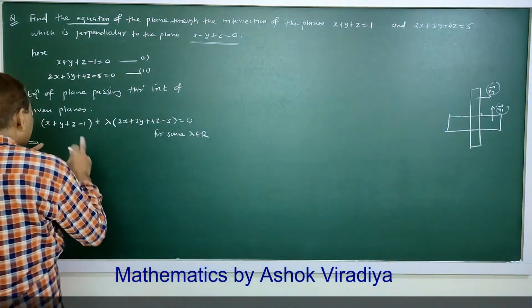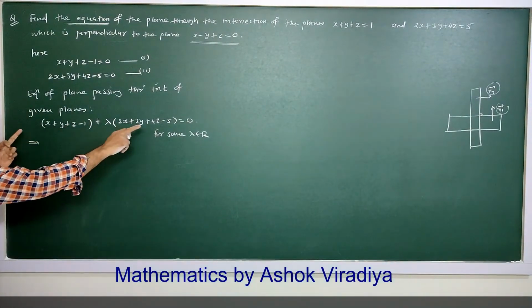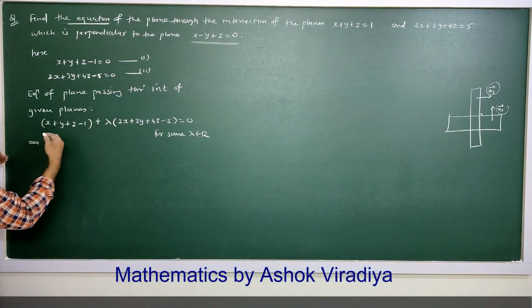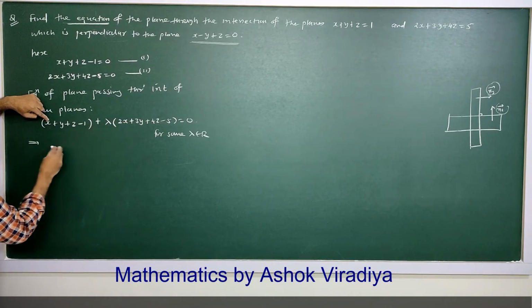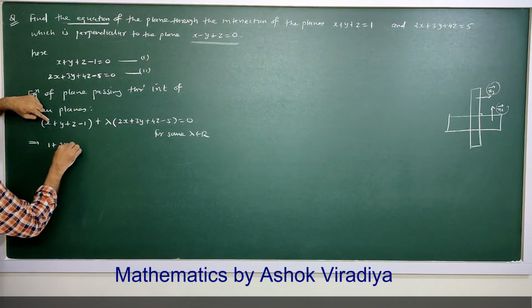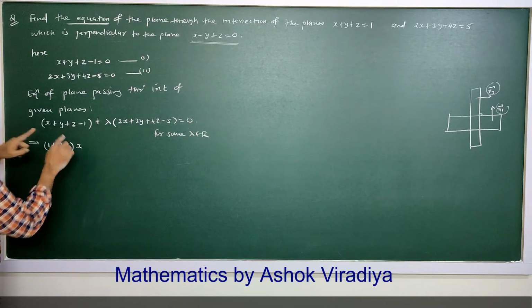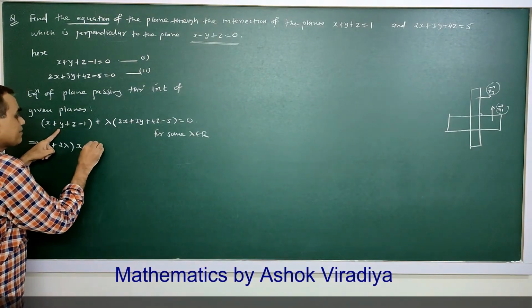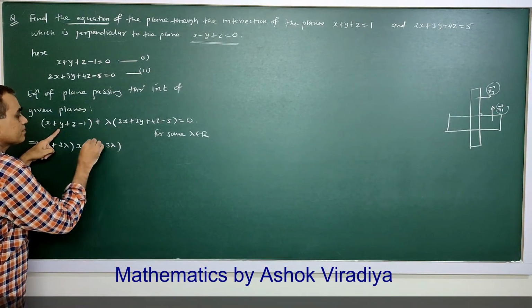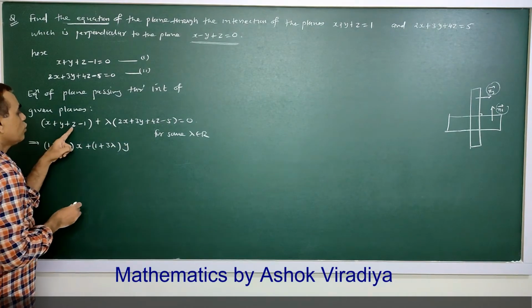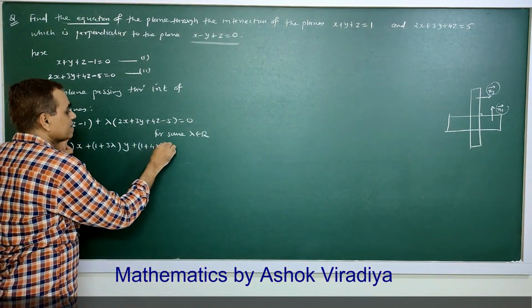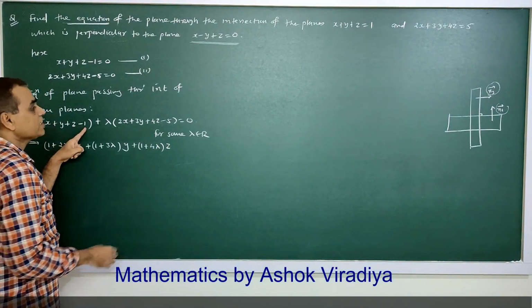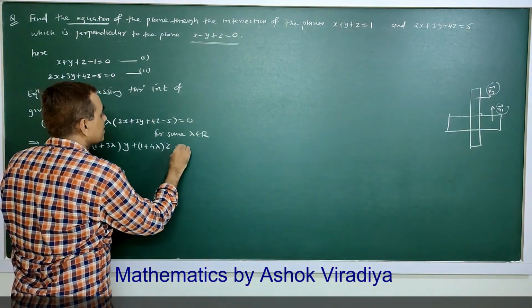To get the normal of this plane, simplifying more, this is 1 plus 2 lambda times x, 1 plus 3 lambda times y, 1 plus 4 lambda times z, and minus 1 minus 5 lambda.